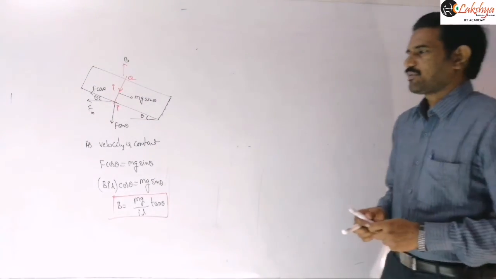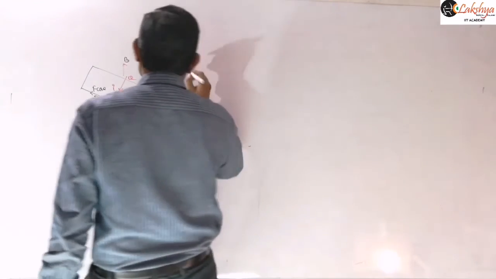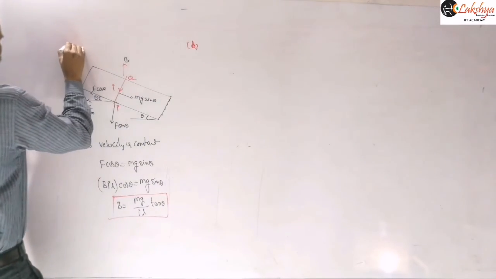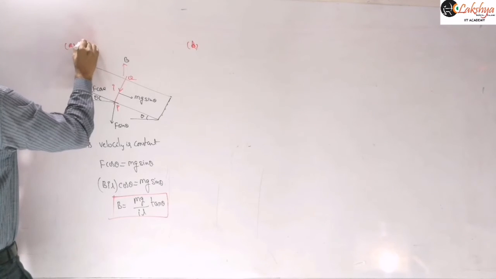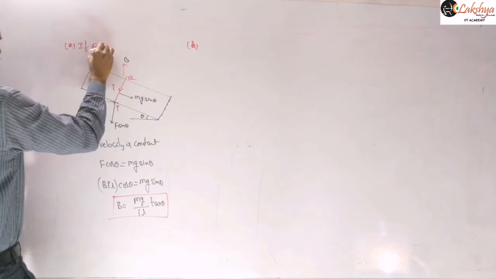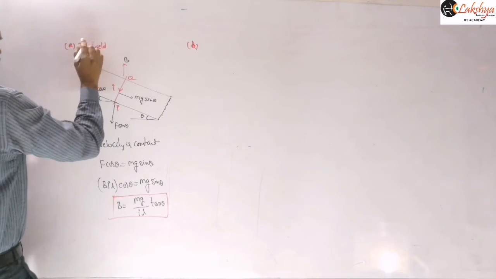And now let us see if the magnetic field is perpendicular to the inclined plane. So this case is if field is vertically upwards.